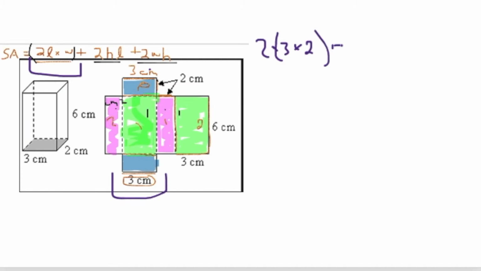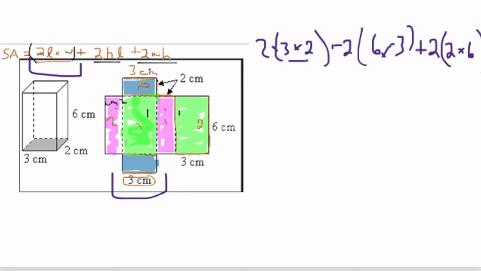Then I'm going to add that to 2 times the height, which is the green section, times the length. Then I'm going to add it to the pink section, which is the width times the height. So that would be 2 times 6, remembering that these are all centimeters and I don't have enough space to write them.